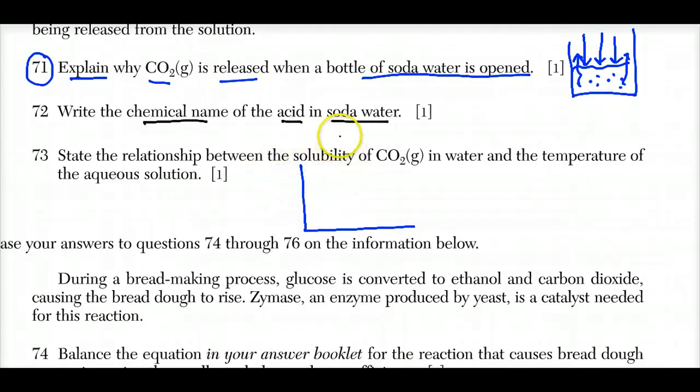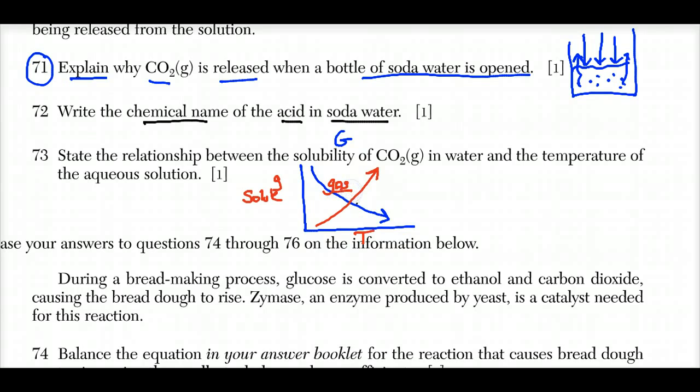So if you go to Table G, you'll see that there are curves that go downward as temperature increases, and you'll also see there are curves that go upward. This is the grams of the solute being dissolved, and this is the temperature. So as the temperature increases, the grams of solute decreases. And of course, this would be for a gas.